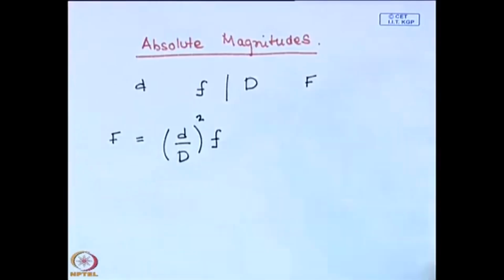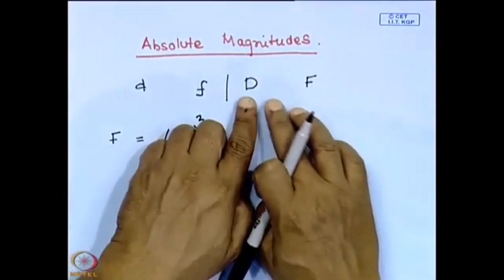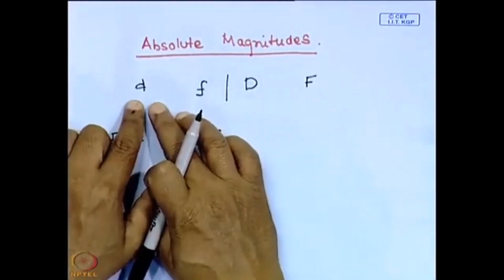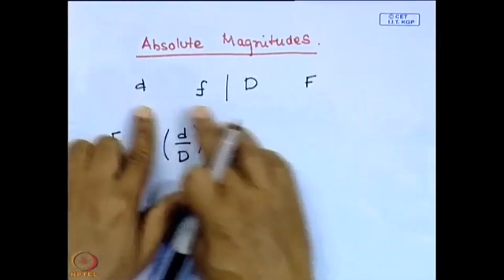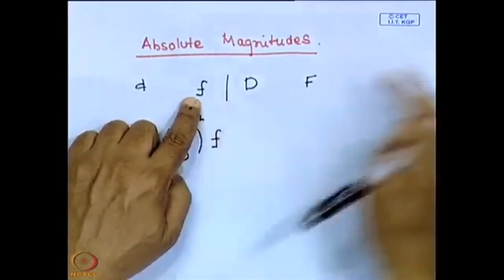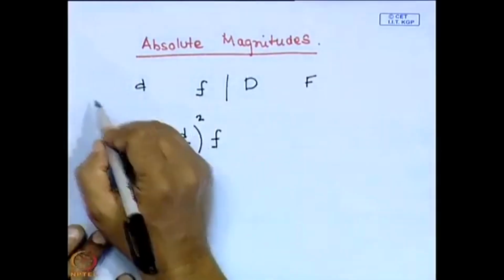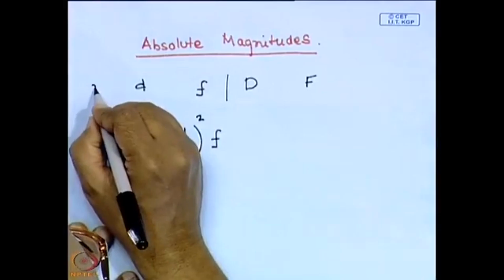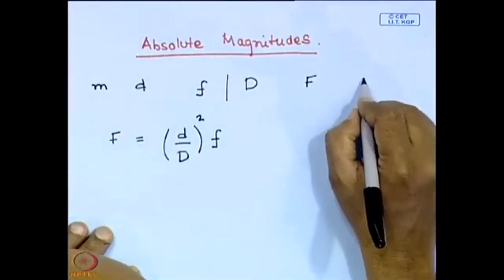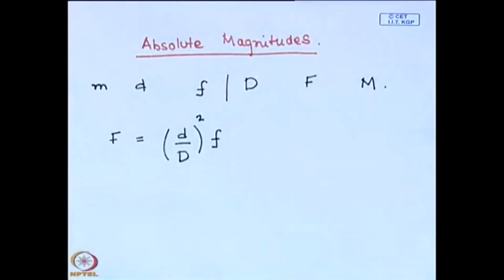Now, let us use this and ask the question, what if my source at a distance small d has an apparent magnitude small m. What is the magnitude corresponding to a distance capital D?